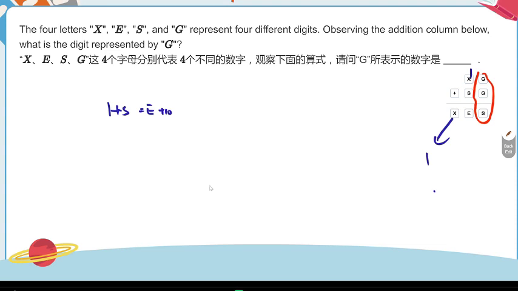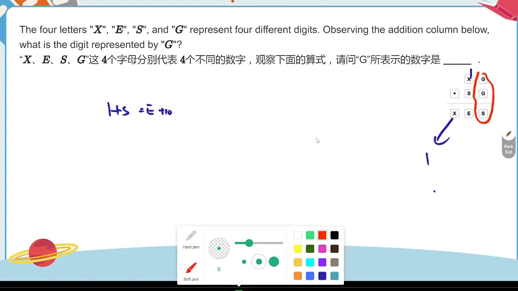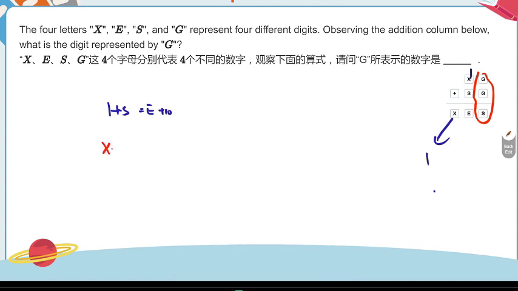in the tens place, to make sure we can have a carryover to the hundreds place, the X plus S, which is 1 plus S, should get to 10. So we get S is 9. Is it possible? No, it's not possible.